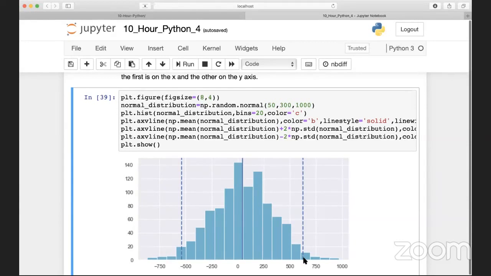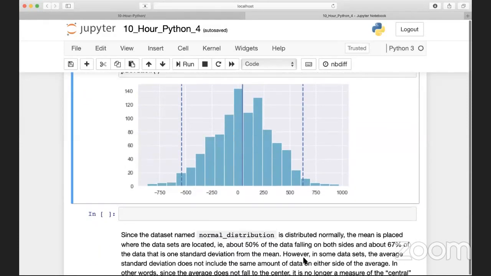So it looks fine. You can analyze the normal distribution with this, or if you want to analyze the outliers, you can use this method too. Okay. All right.